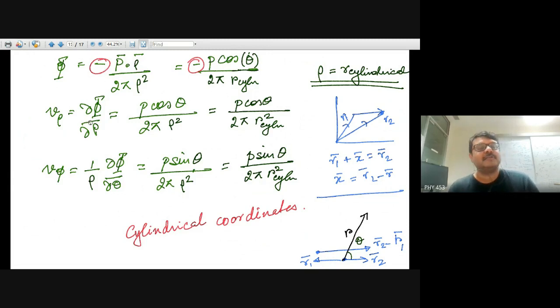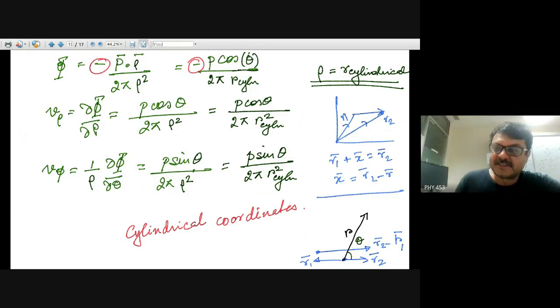Take the suitable derivative to get v rho, which is p cos theta upon 2 pi r cylinder, whole square, remembering we are working in cylindrical coordinates. And again, v phi for a dipole flow is p sine theta upon 2 pi r cylinder square.